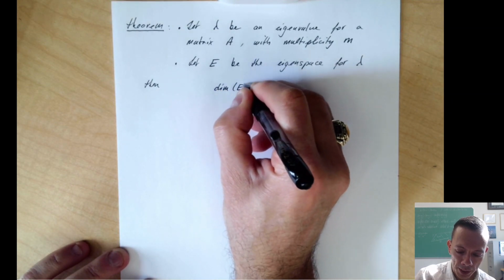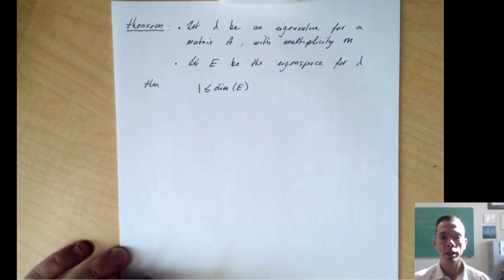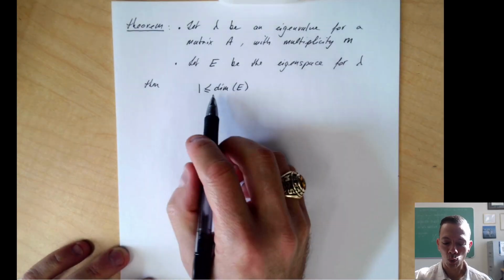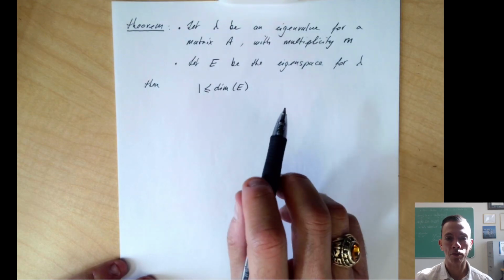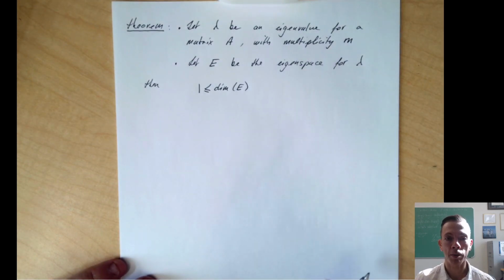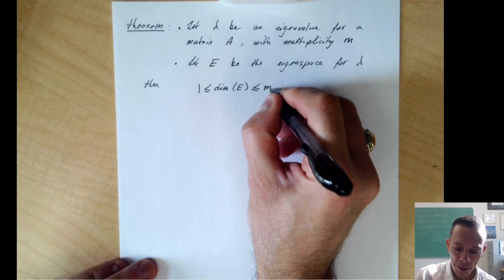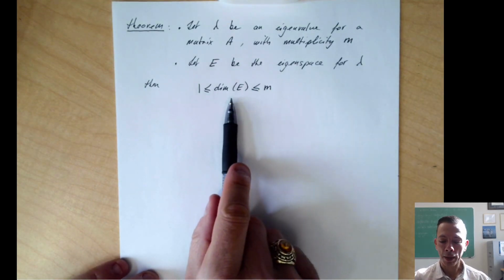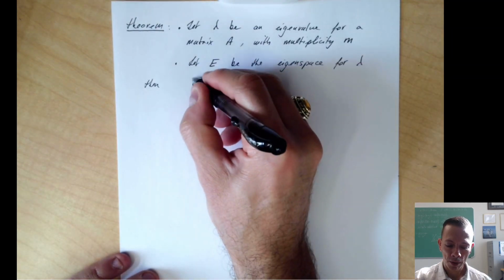Then the dimension of the eigenspace, first of all, has to be always at least 1. There's always at least one free variable when you find the eigenvectors, because they have to necessarily be non-trivial. But you cannot have more than m degrees of freedom, where m is the multiplicity of the eigenvalue.